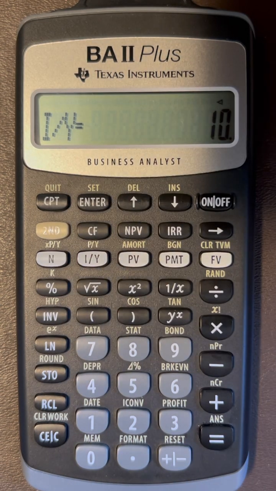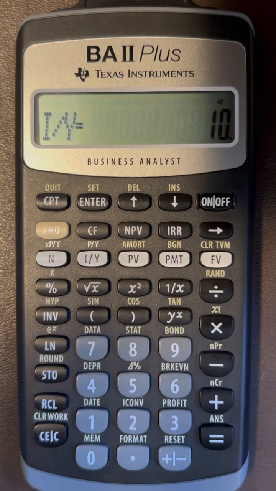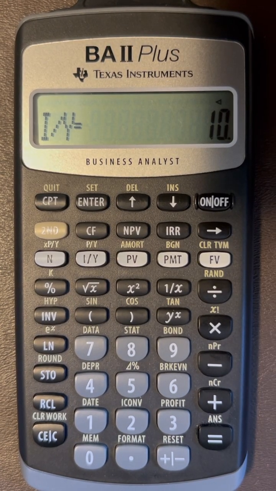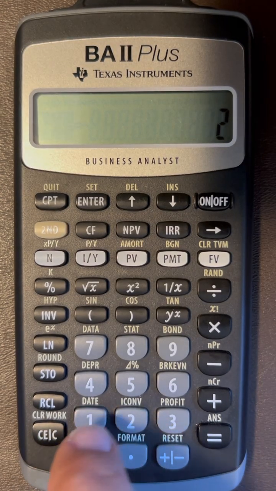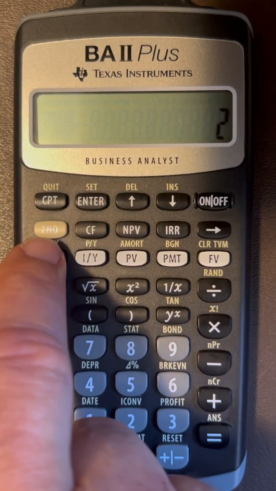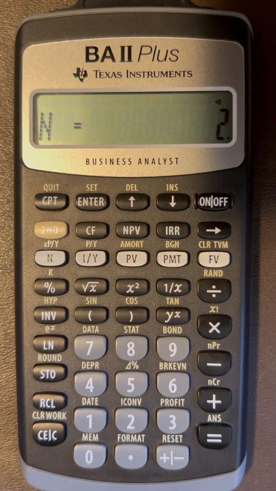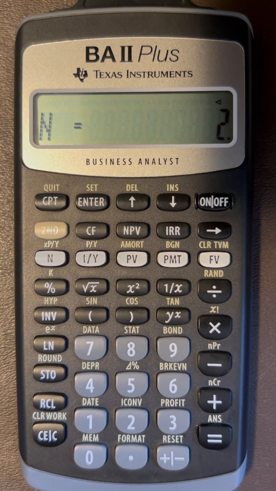So I enter 10% as 10, not as the decimal equivalent like we do when we use the formulas in the slide deck. Okay, and then we're depositing $10,000, that's our present value, 10% interest per year. How much are we going to have in 2 years? So 2 is my N, or in the slide deck would be T, but N, T are similar, so N, hit that, N equals 2.